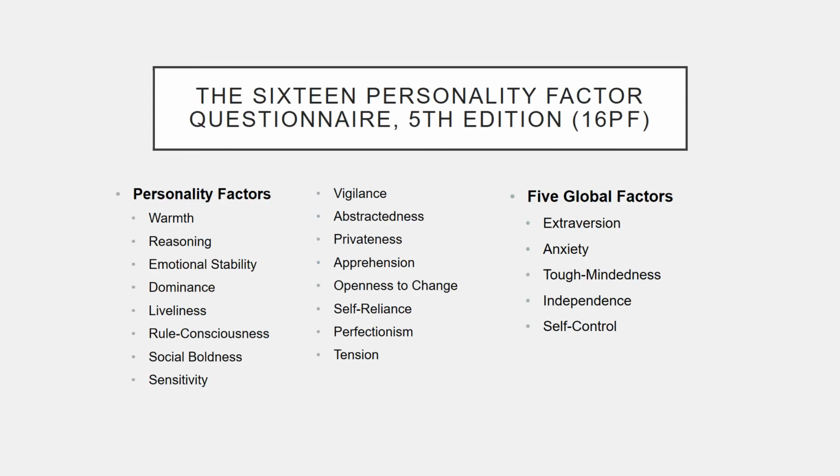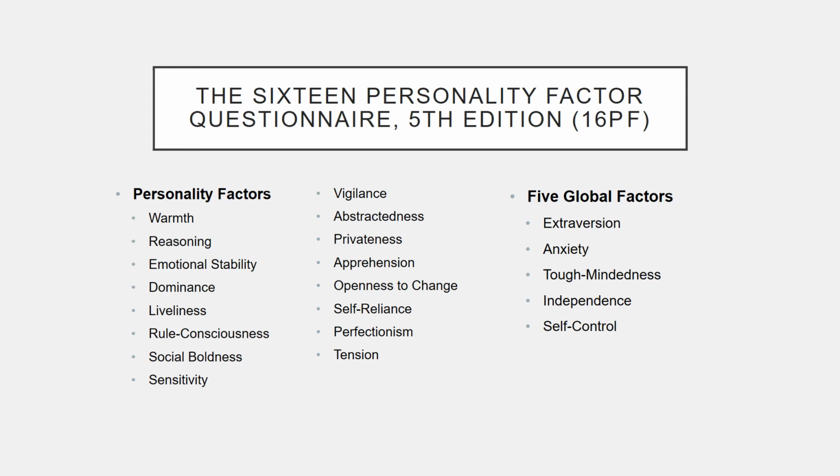And then if you'd like something incredibly detailed and broad to look at personality traits, you can use the 16PF. So this is a much more extensive assessment. It's the same idea as a Myers-Briggs or a NEO-PI-R. It's just a lot broader.